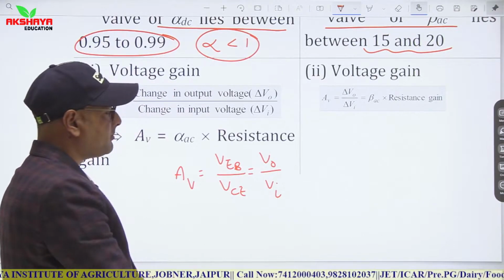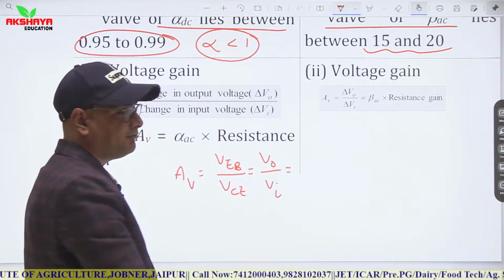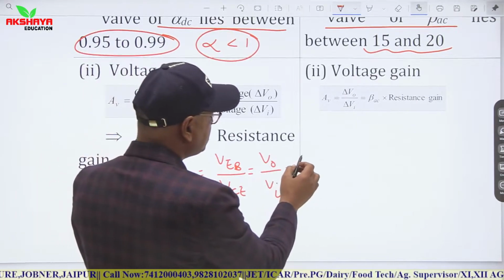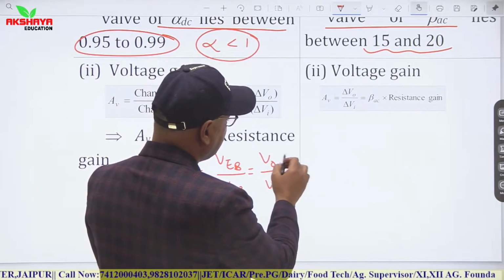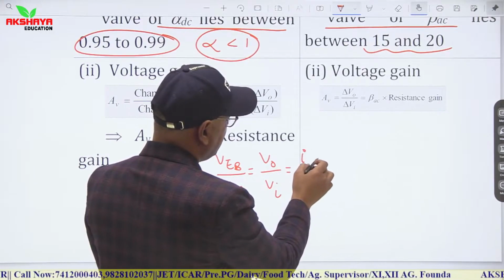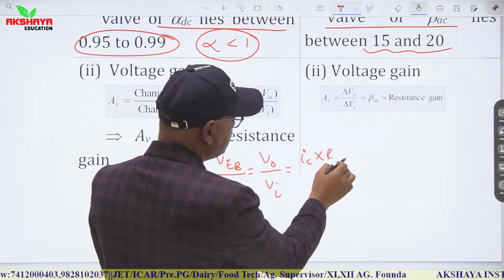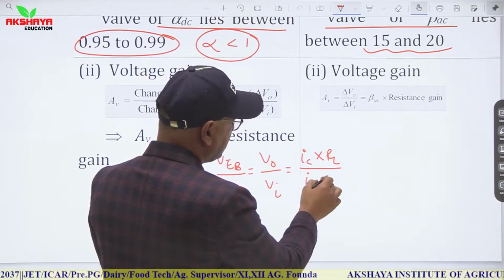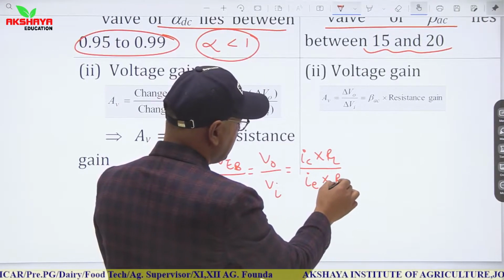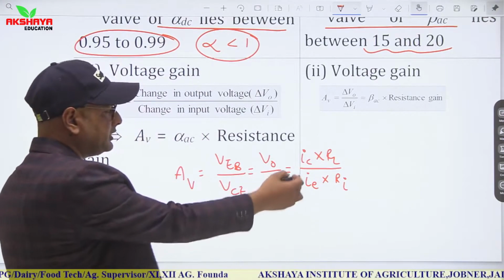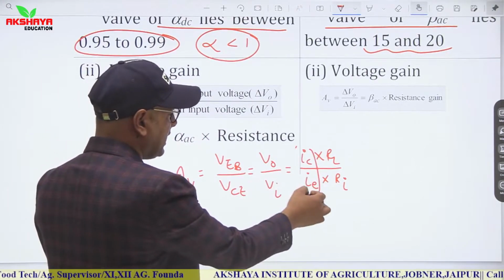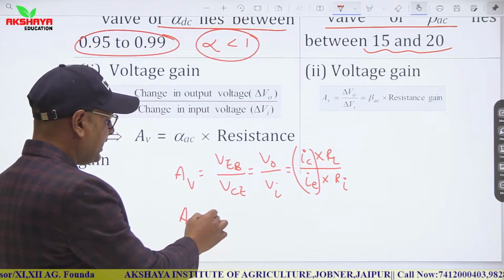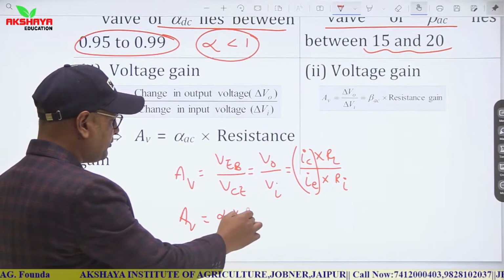If we talk about output voltage, we can use V is equal to IR. So the output current is taken as IC, with output resistance being the load resistance, divided by the input current, which is IE, and the input resistance, which is RI. Here we can say IC upon IE is alpha. So voltage gain is equal to alpha into RL upon RI.